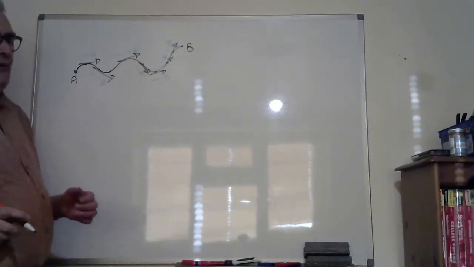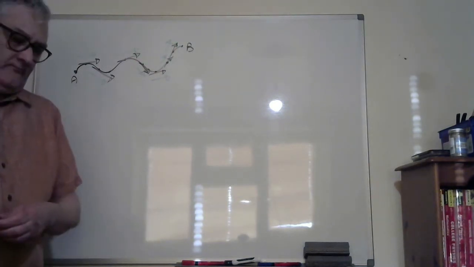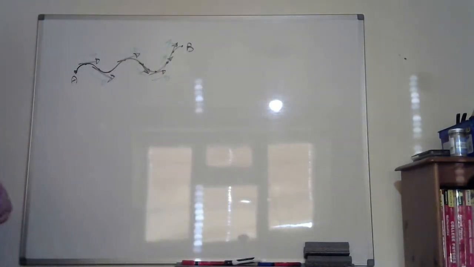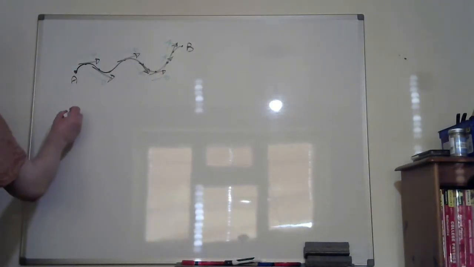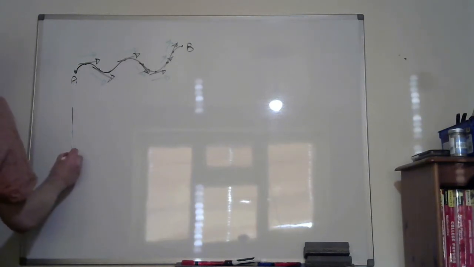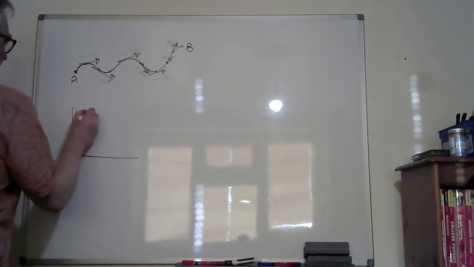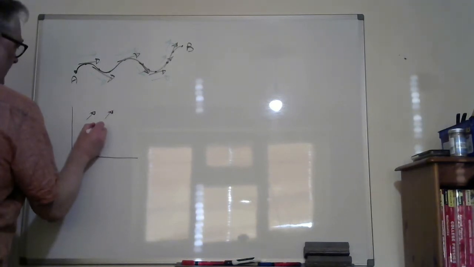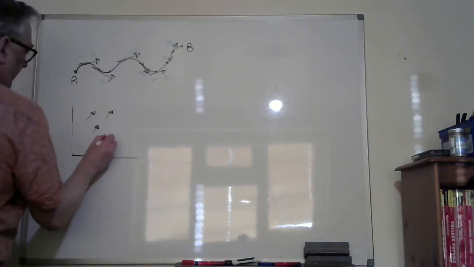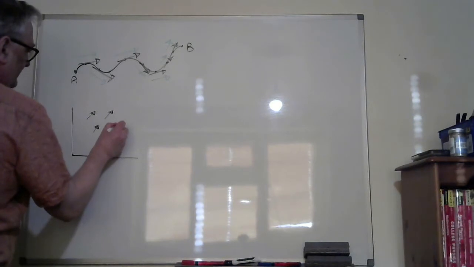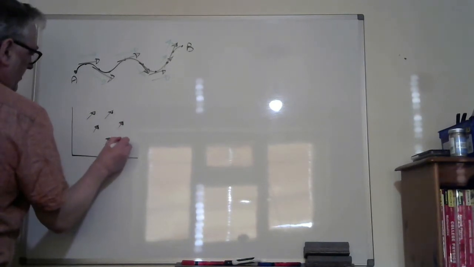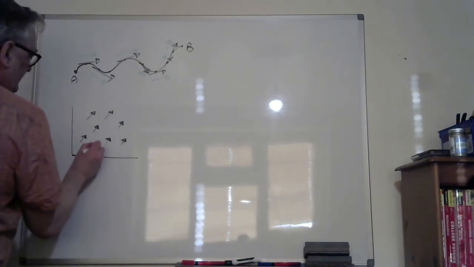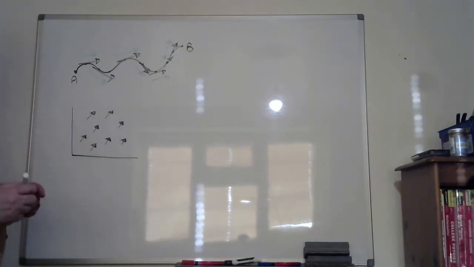And what we mean by this is, if we have a vector plane like this, with vectors all of equal size and direction in that plane, like that, this is a very simple case of parallel transport.